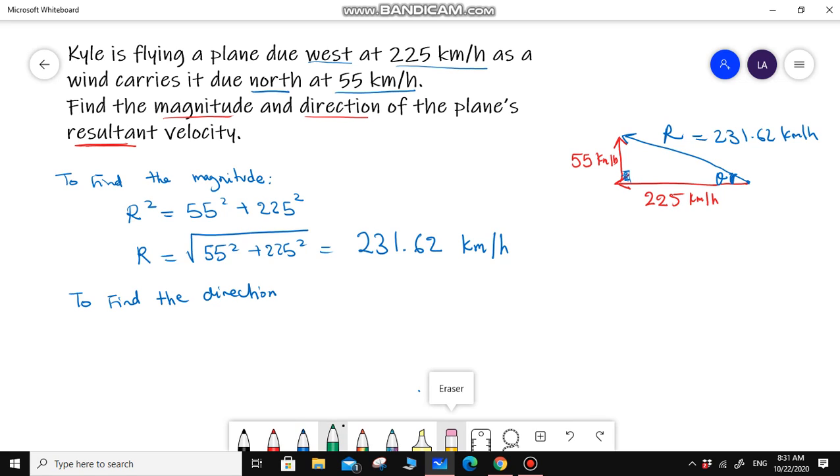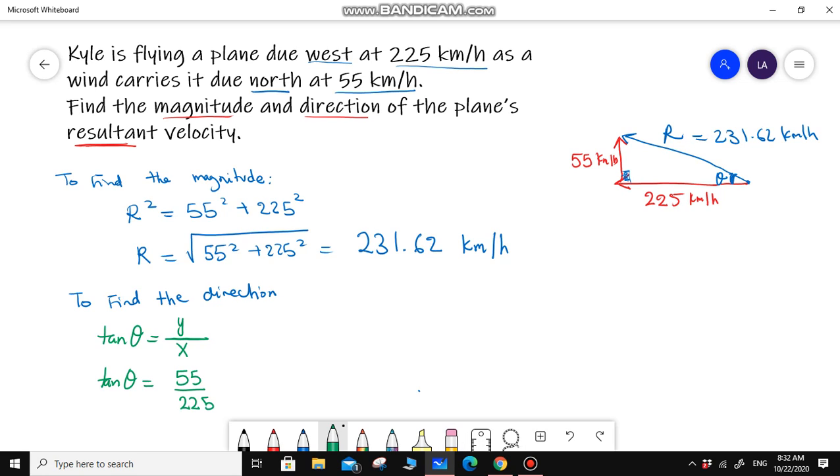So I can use tan theta equals opposite over adjacent, or simply we can all the time agree that we will use the y vector, the vector on the y divided by the vector along the x. So here the vector along the y is the north vector, which is 55. Vector along the x is the 225.